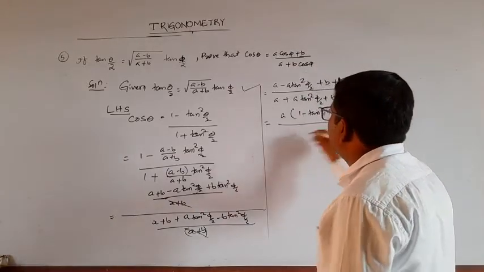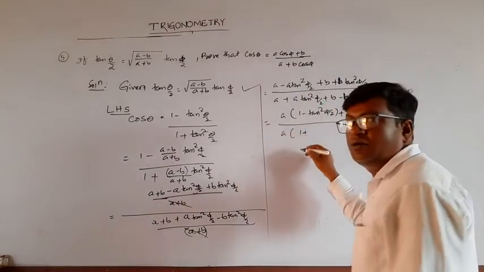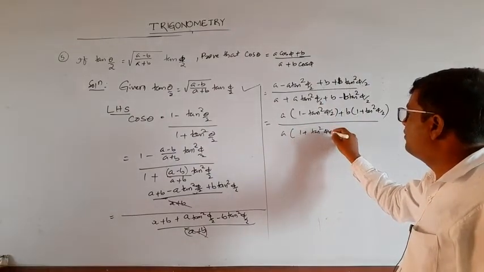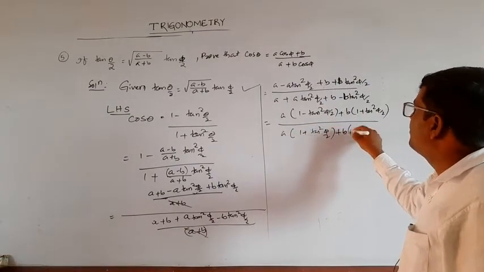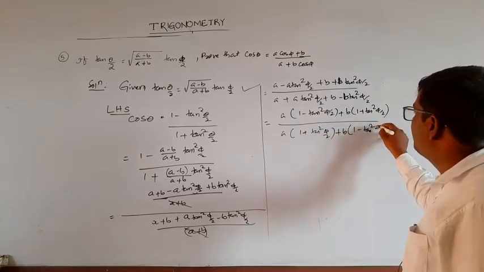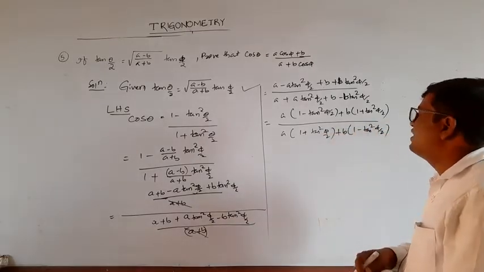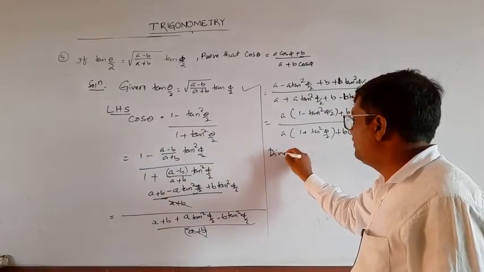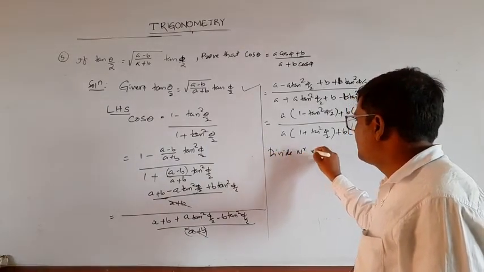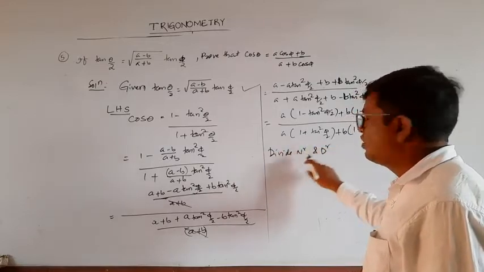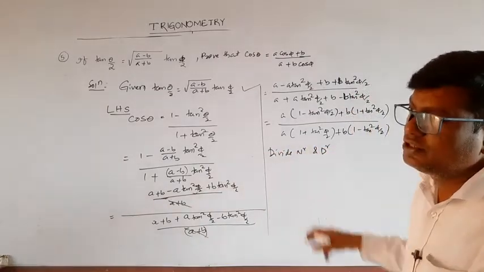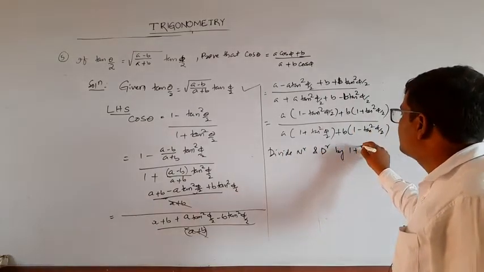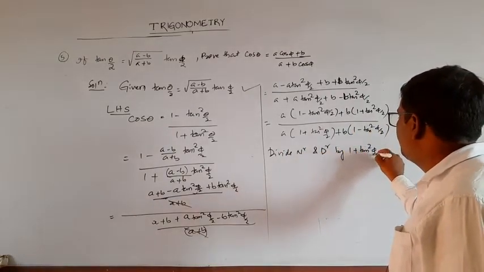Whole divided by A common (1 plus tan² φ/2) plus B common (1 minus tan² φ/2). So divide the numerator and denominator by (1 plus tan² φ/2).